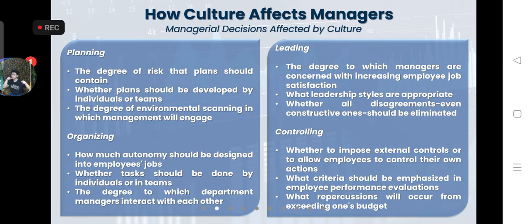That's what we call controlling. It also includes what criteria should be emphasized in employee performance evaluations, and what repercussions will occur from exceeding one's budget. Next slide, please.